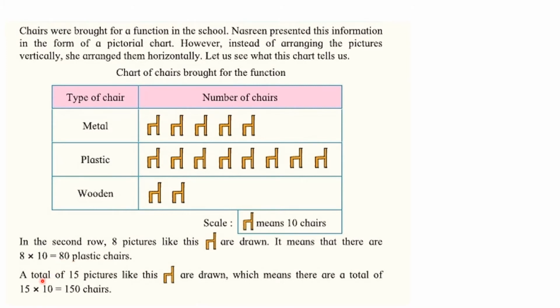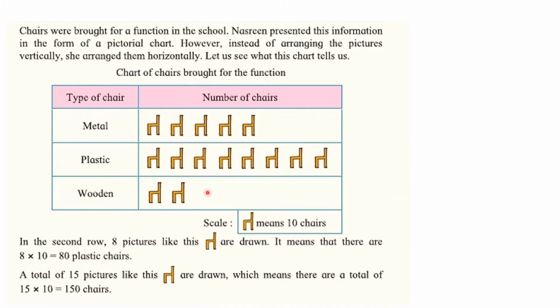Same way, a total of 15 pictures like this are drawn, which means there are a total of 15 into 10 is equal to 150 chairs. So here number of chairs are 15.